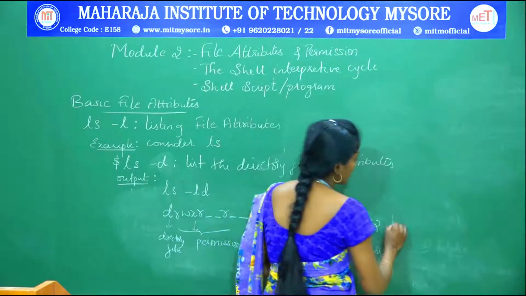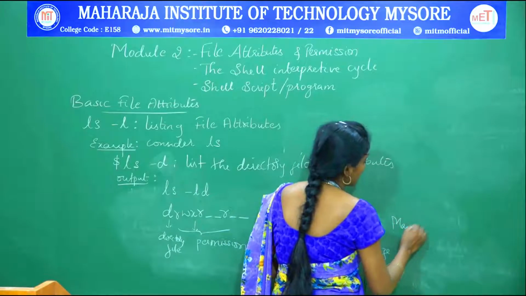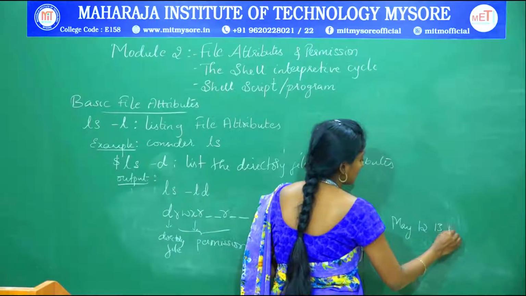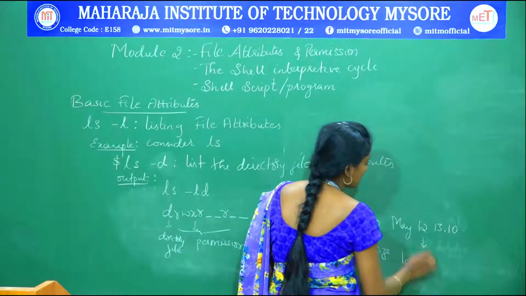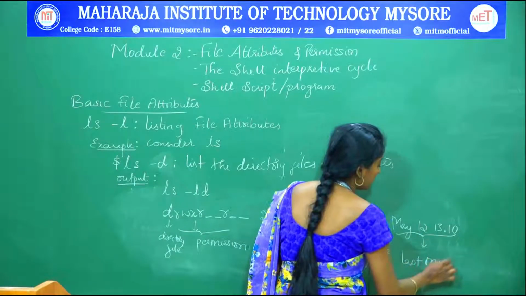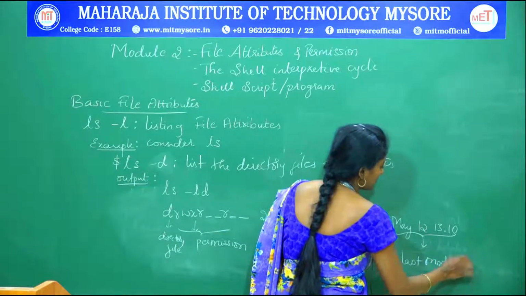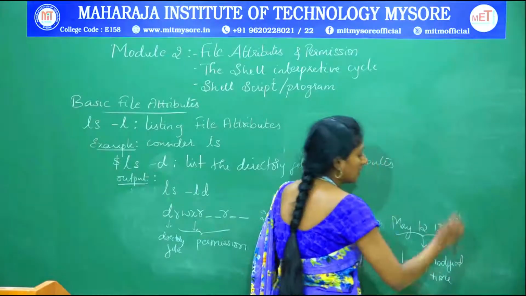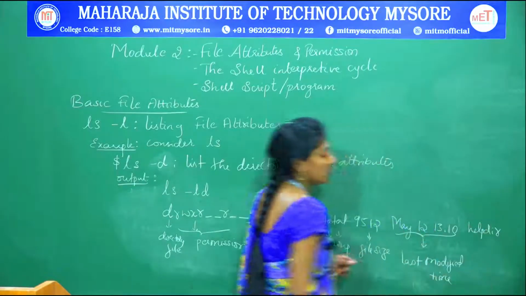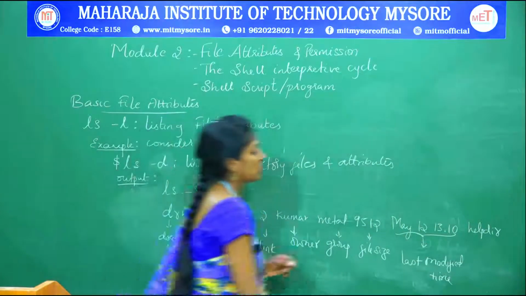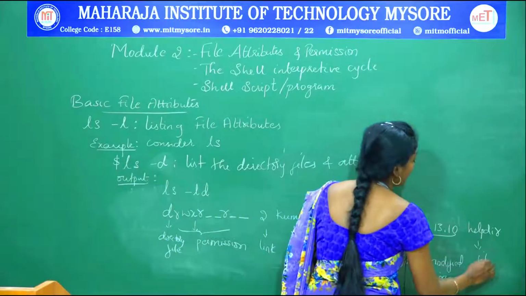Next, the last modification time. The last column is the directory file name. So this represents the file name.